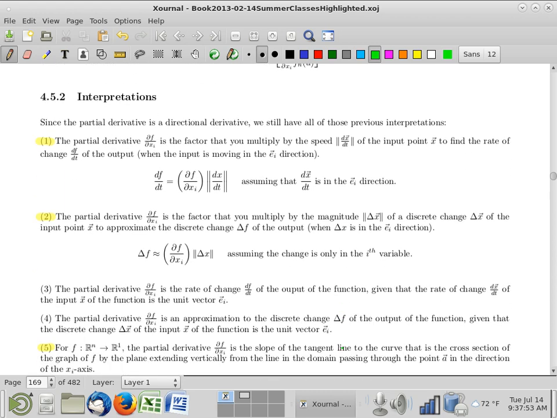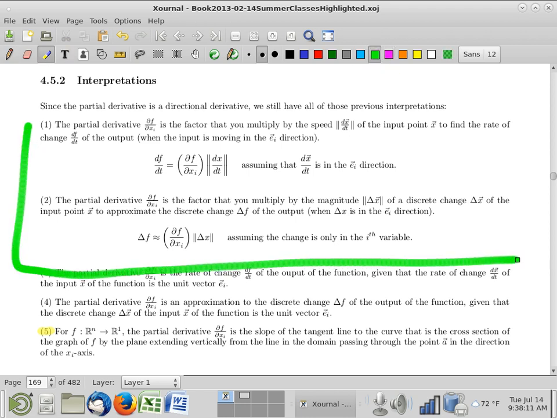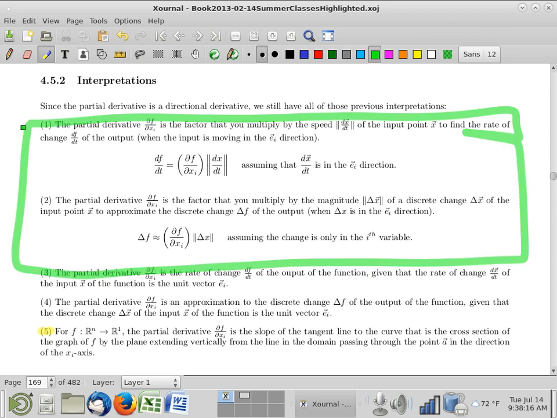Okay. So, question: what does this mean? Do we get any special and convenient interpretations of partial derivatives? Well, yeah, absolutely. In fact, this being a special case, all the old interpretations we had of unit directional derivatives come along for free. So, for example, look at these two. Partial derivatives, as unit directional derivatives, are factors that you multiply by input changes to get output changes, kind of.